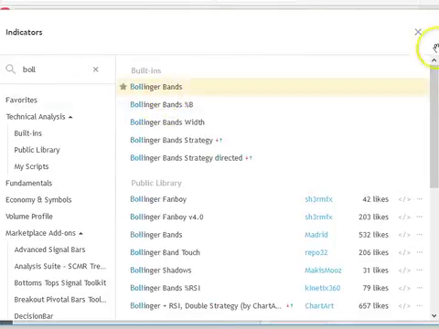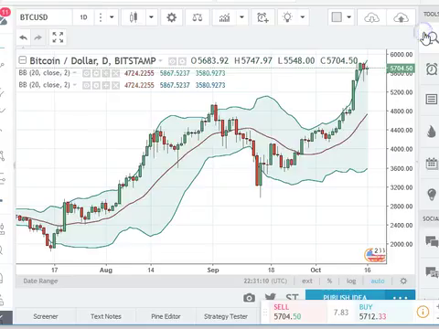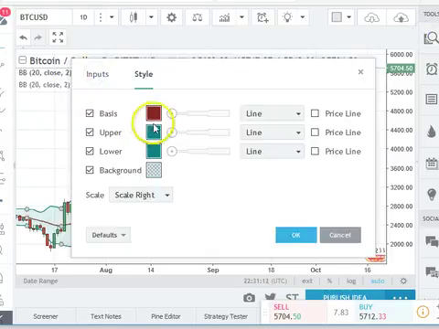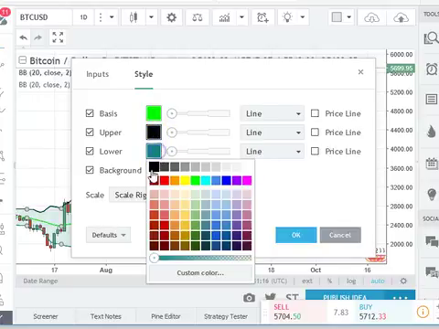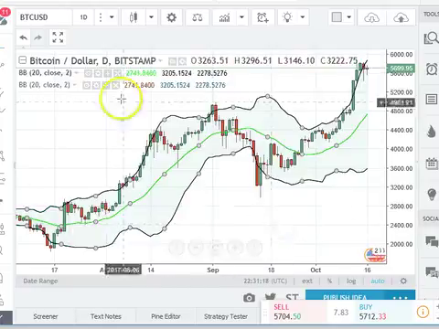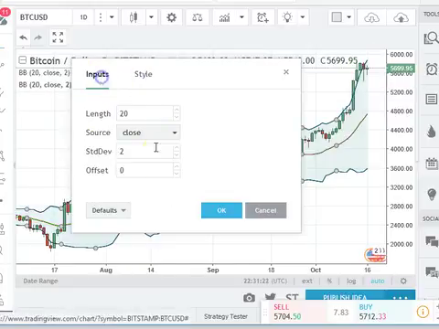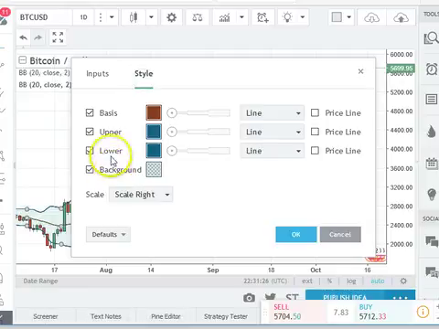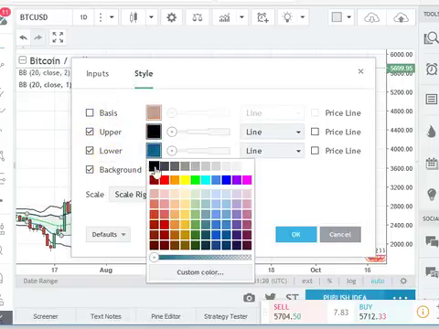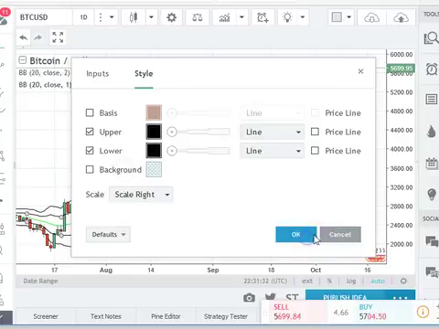So adding in the second set of Bollinger Bands. All right, so 20 period, 2 standard deviation. I just made the basis a bright color. I like to make everything consistent, no background. And then this one, 20 period, changed to 1 standard deviation. No basis in this case. Black, black background. Okay.